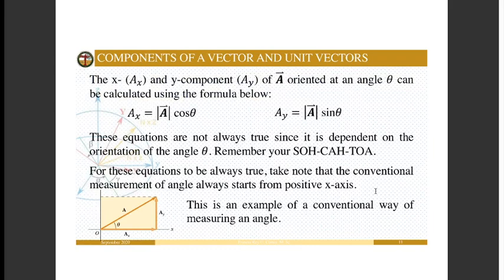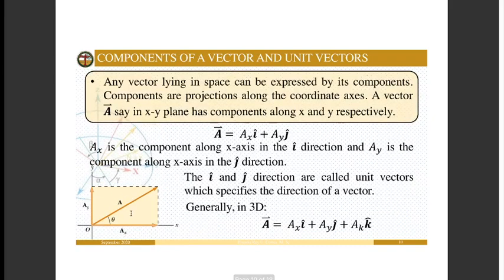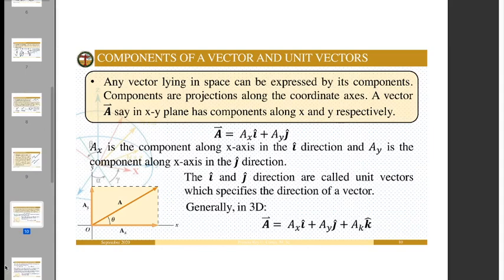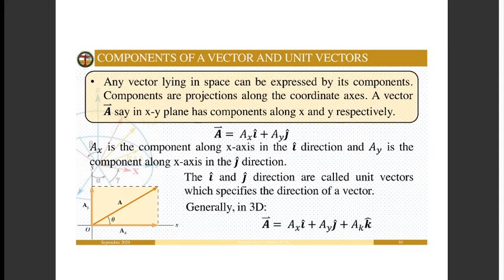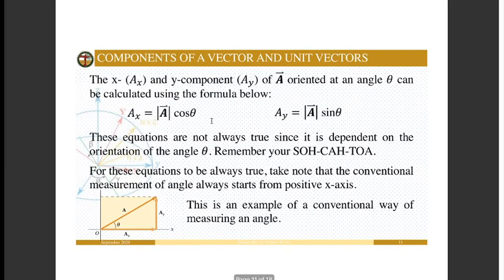Now, how can we find the x and y component of your vector A? Okay, so how can we do this? In the last slide, your A is actually oriented at an angle theta. So as you can see here, it has an angle theta. To find the x and y component, what you're going to do is like this.